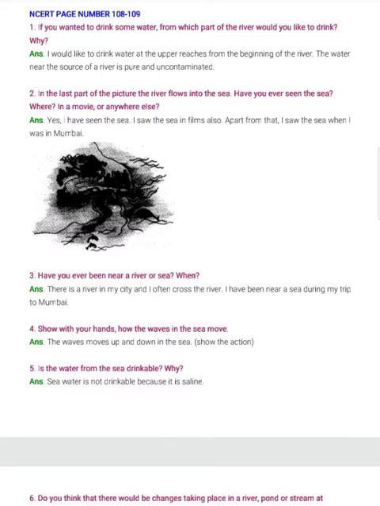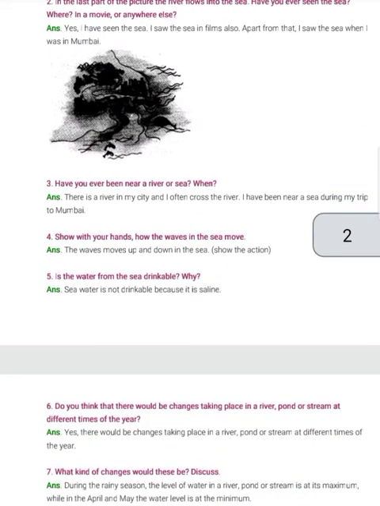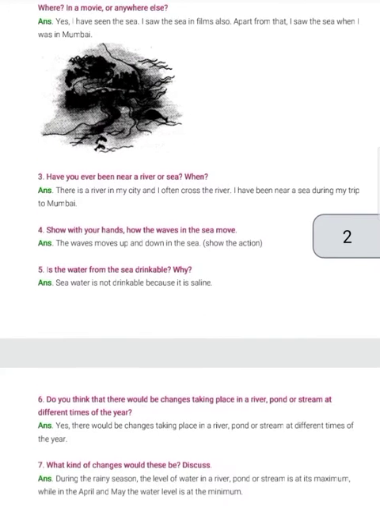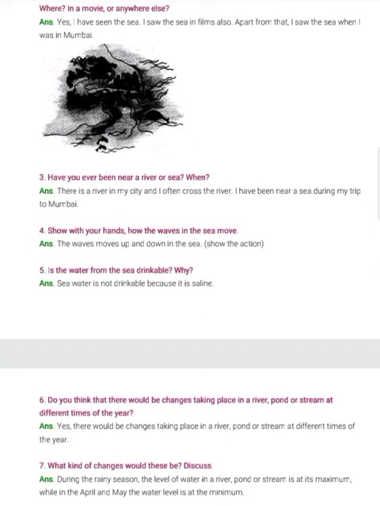Do you think that there would be change taking place in a river, pond, or stream at different times of the year? Yes, there would be change taking place in a river, pond, or stream at different times of the year. What kind of change would this be? Discuss.